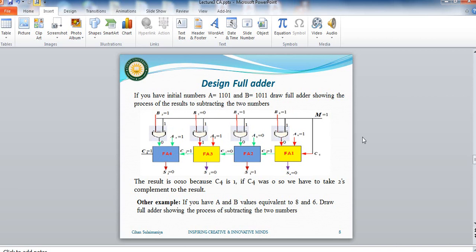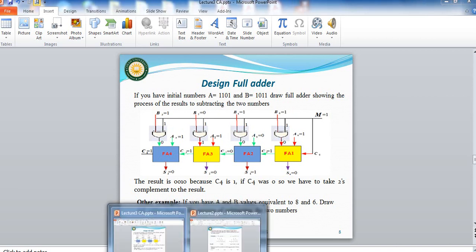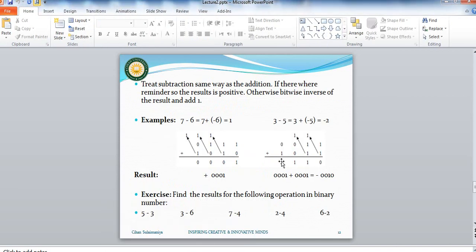But do you remember when we did subtraction, I said first of all I have to twist b, which means I have to take the invert of, for example, 5. If it's 5, 1, 0, 1, I have to put here 0, 1, 0. So b twisted, and then add 1 to that. That's what I have to do.